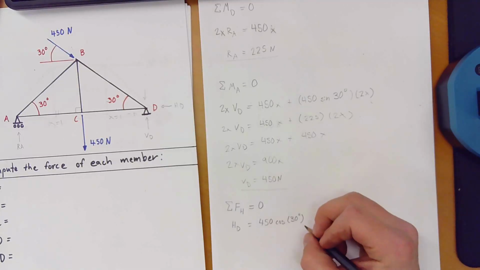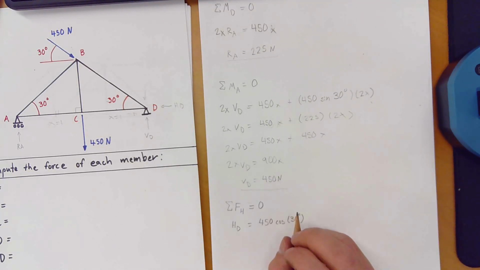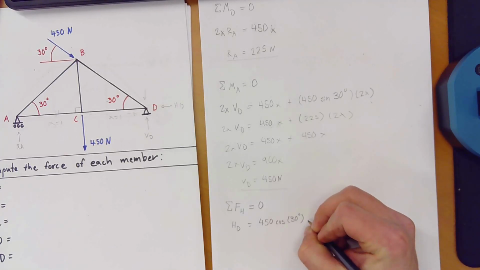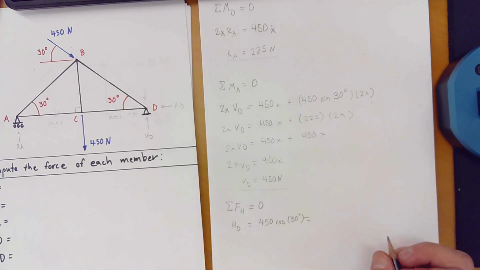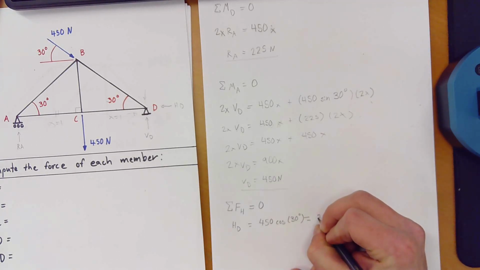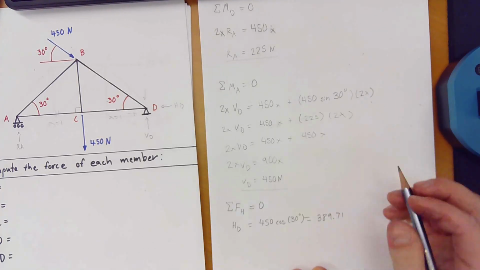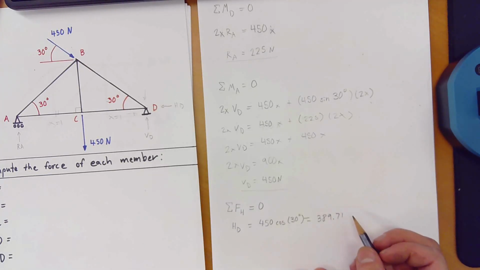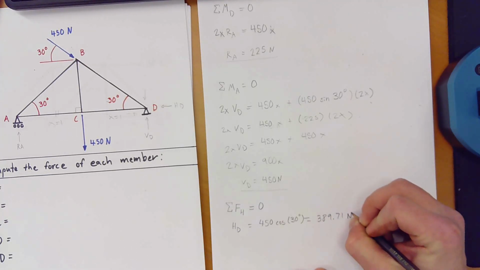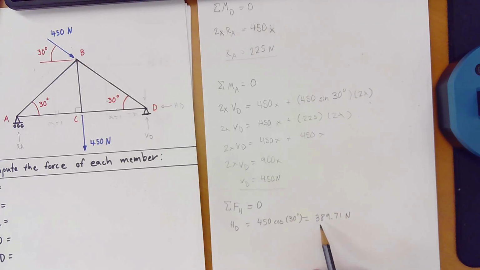So if we have 450 cosine 30 degrees and type that into a graphing calculator, it comes up with 389.71 with many decimals repeating, so we're going to cap it at 2 decimal points. We measure in newtons, so our horizontal force around point D is 389.71 newtons.